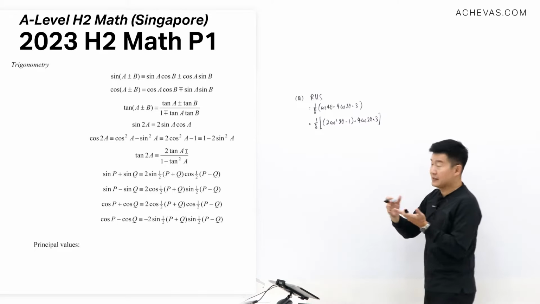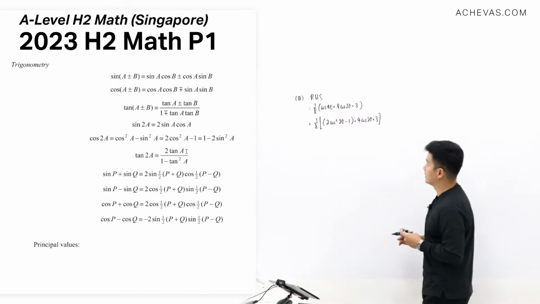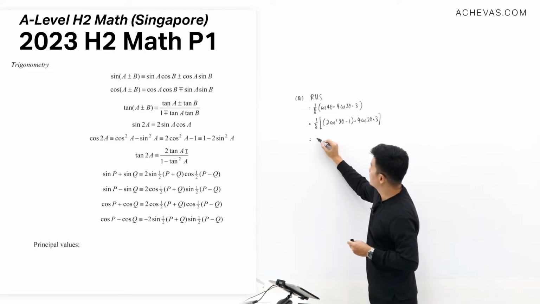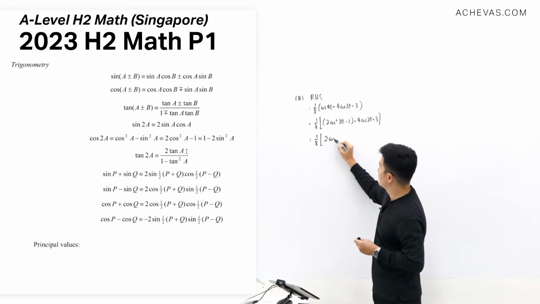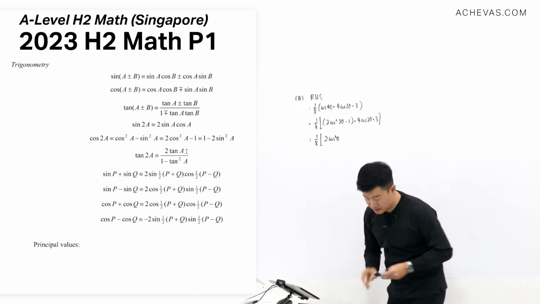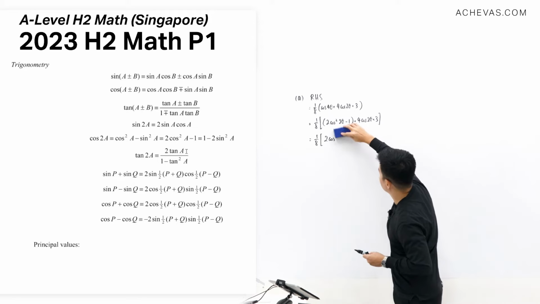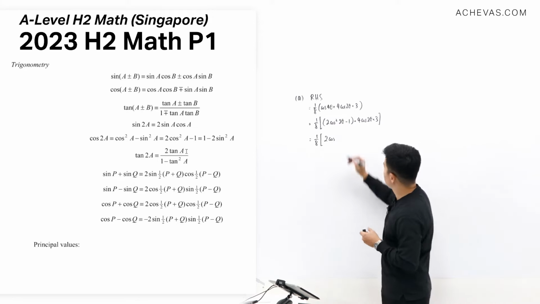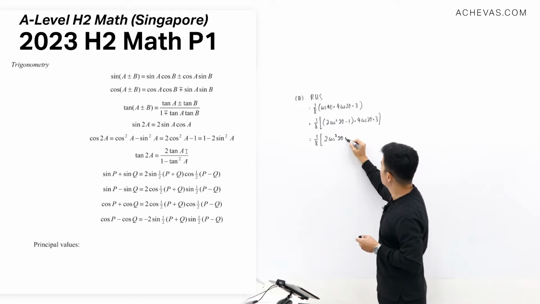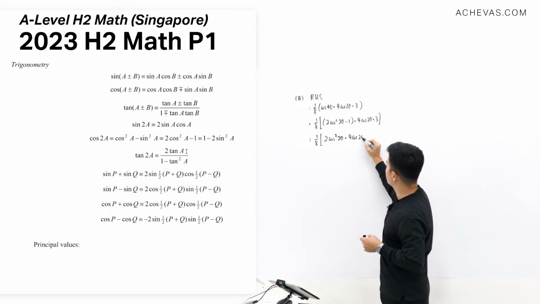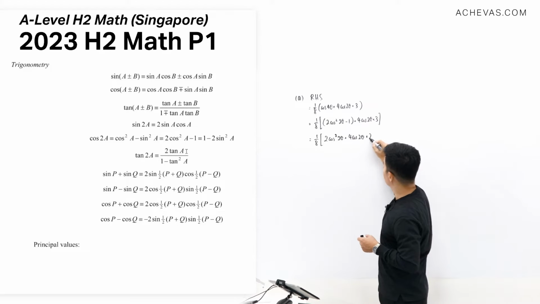Then we will have at least consistently a cosine 2 theta. So this is equal to 1 over 8, and we will have a 2 cosine square 2 theta plus 4 cosine 2 theta and plus 2.